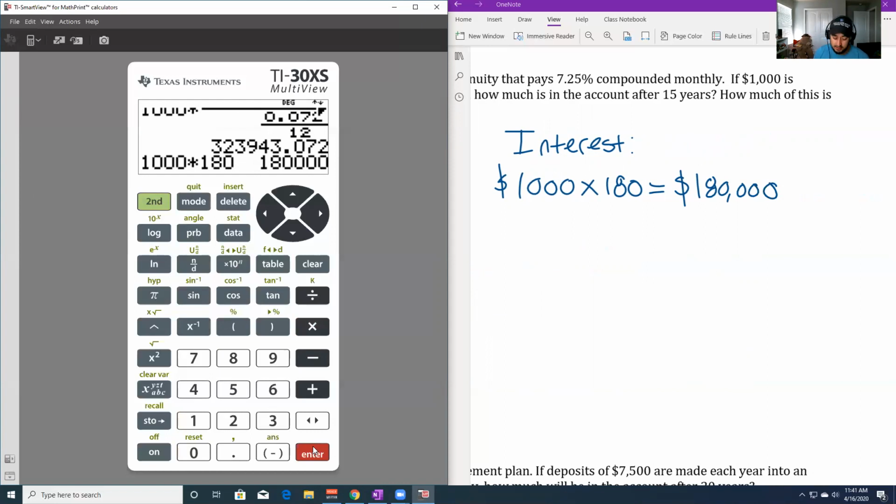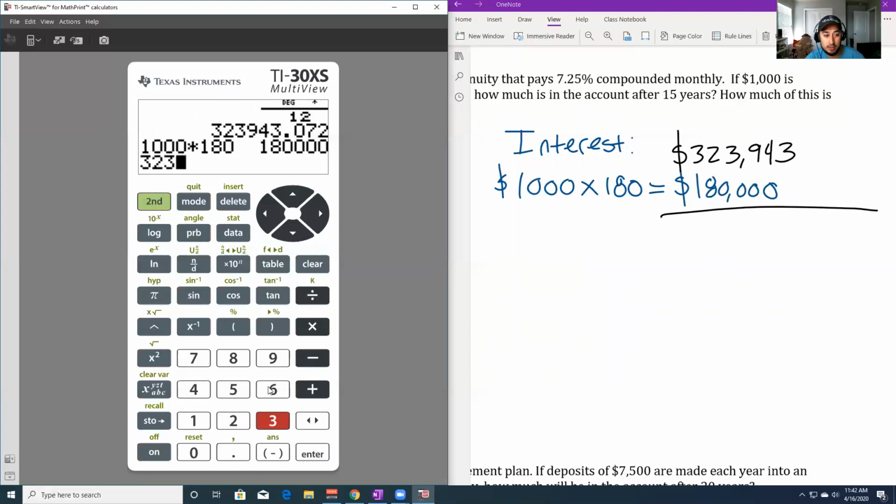And at the end of that 15 years, we get an annuity of $323,943. So I'll put that above. 323,943. I'll leave the 7 cents out, unless you really want it in there. So subtract these two amounts.